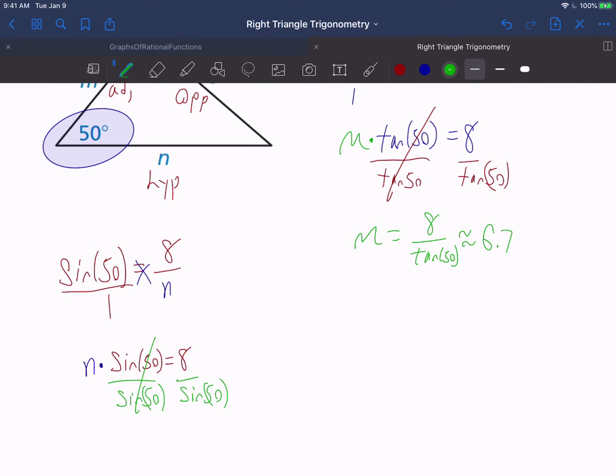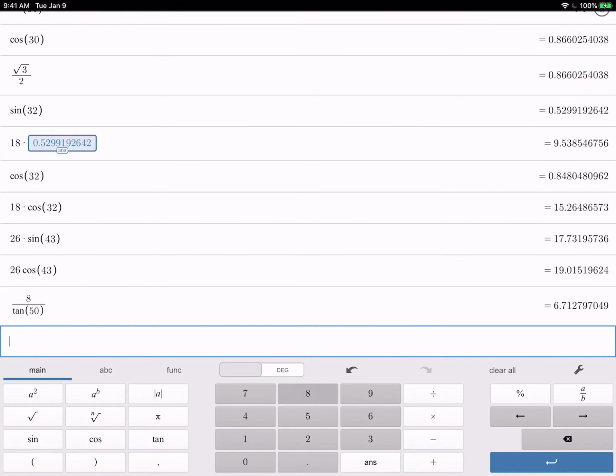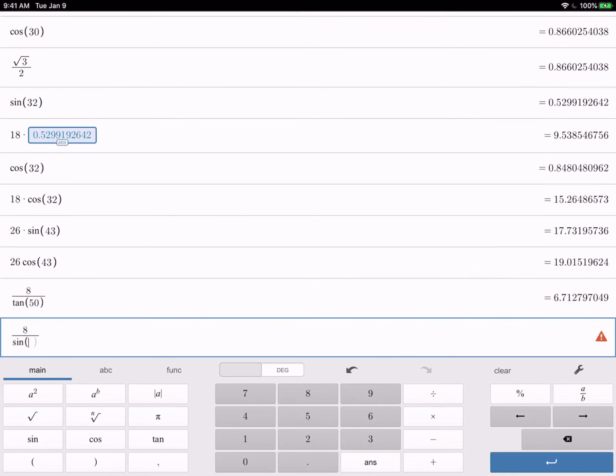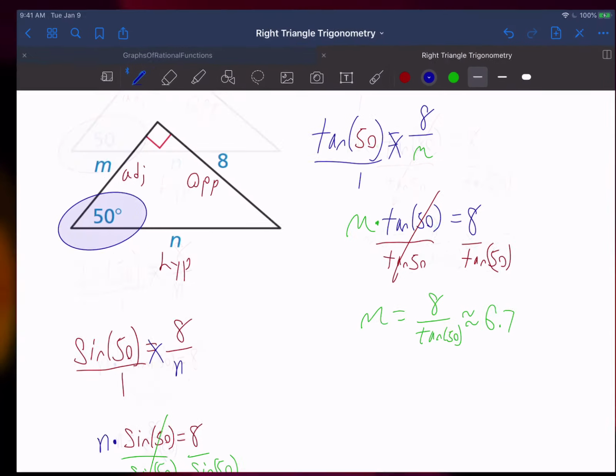So n is exactly equal to 8 divided by the sine of 50 degrees, which will be approximately 8 divided by sine 50, 10.4.